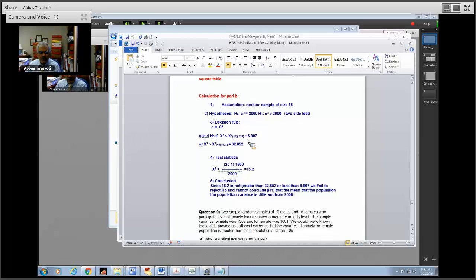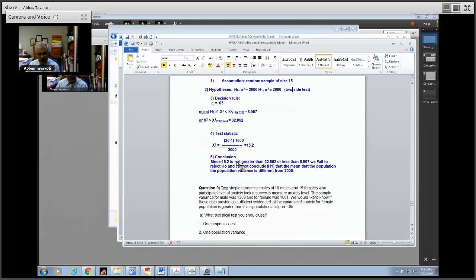So here you have to make the decision rule in two ways. Your alpha is 0.05, so alpha over 2 would be 0.025. If your chi-square is less than 8.97, you reject, or if your chi-square is greater than 32.8. If it's between these two values, you fail to reject.